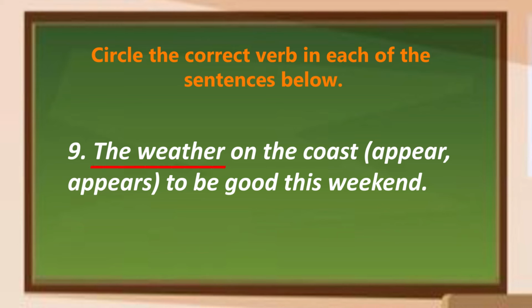Now the complete subject of this sentence is the weather, and it is singular. Therefore, it must be followed by a singular verb. And that verb would be appears. Very good. Now let's read the sentence as a whole. The weather on the coast appears to be good this weekend.